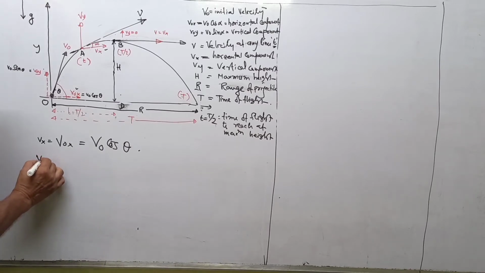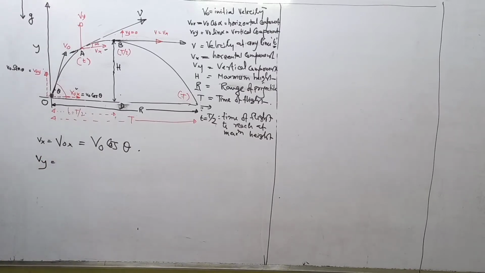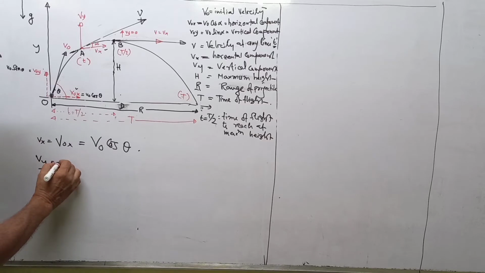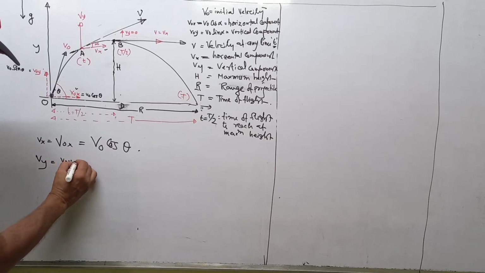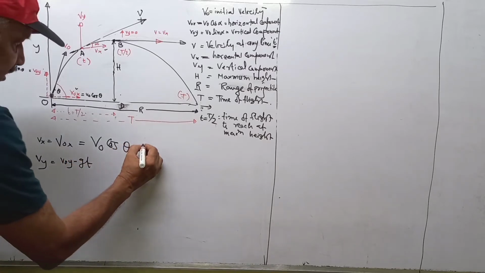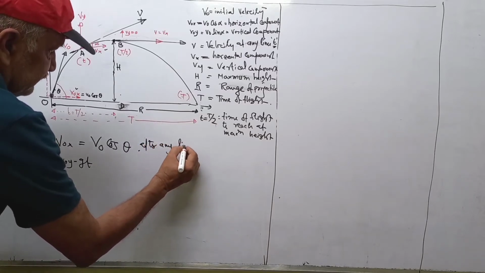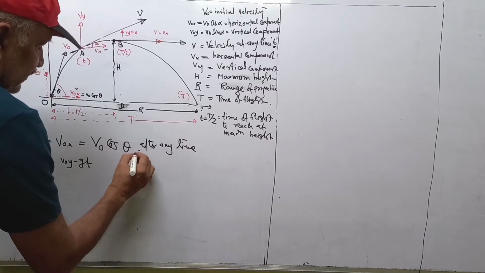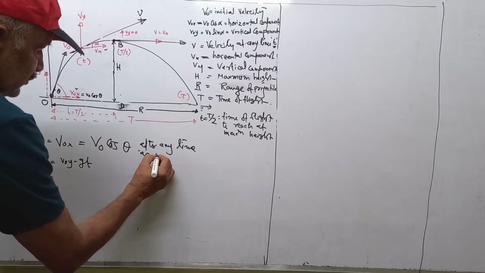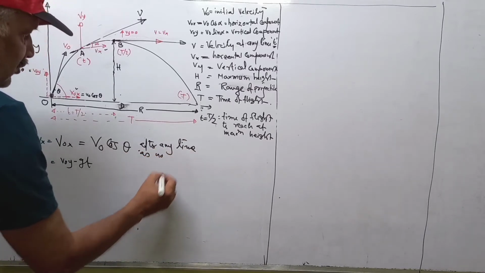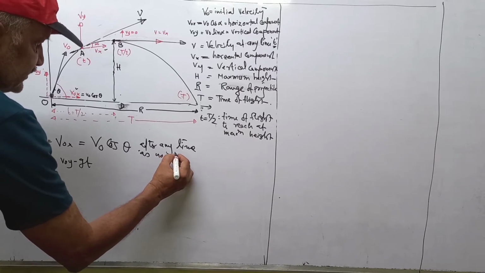Similarly, for Vy the acceleration is downward. So v equals u minus gt, that is, Vy equals V0y minus gt, after any time. As there is no force in the horizontal direction, there is no acceleration.